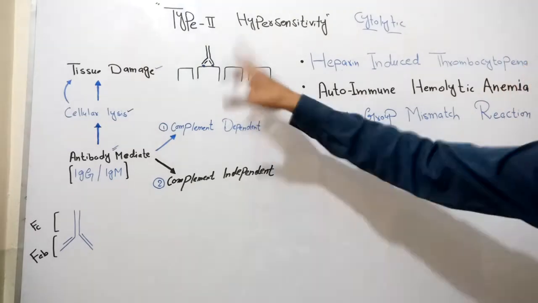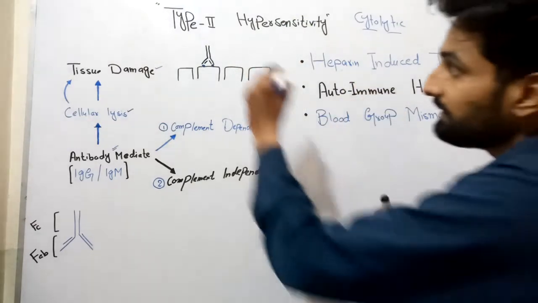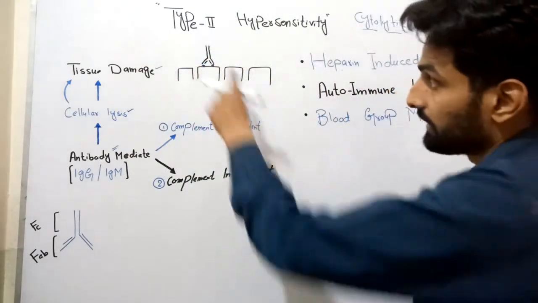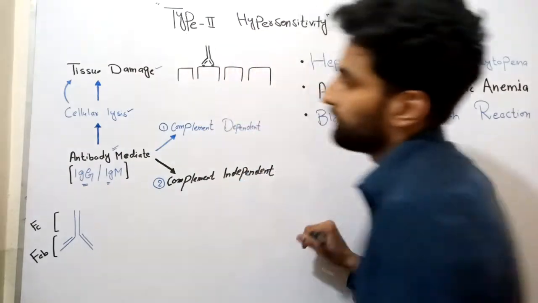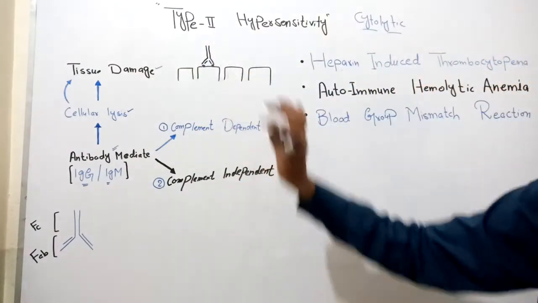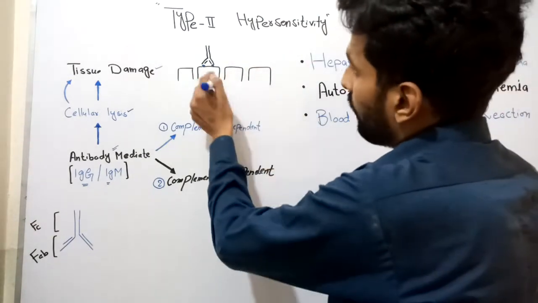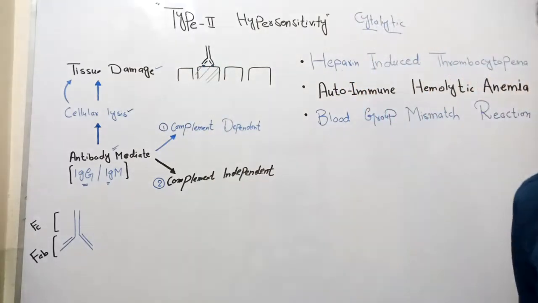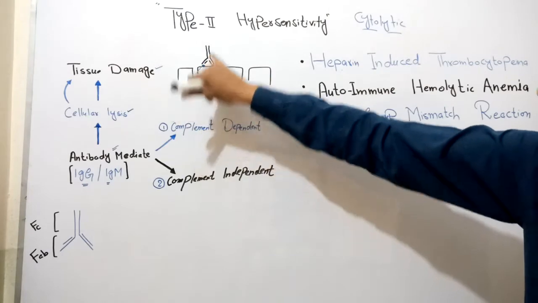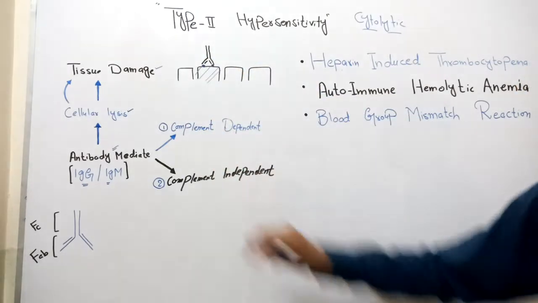Once this antibody has been attached, in the case of type 2 hypersensitivity, the antibody could be IgG or it could be IgM. These antibodies can cause cell lysis, the breakdown of cells. How? There are basically two mechanisms of cellular destruction by antibody. One is complement dependent and the other is complement independent.